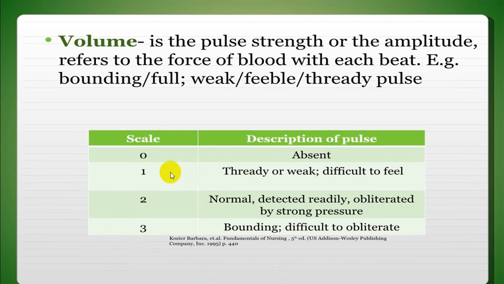If it is weak and difficult to feel, it is called thready or weak, or you can also use a simple phrase like difficult to feel. When it is normal, it is detected very easily and obliterated by a strong pressure, we call it normal. And when you require more pressure to obliterate, we call it a bounding pulse or a full volume pulse, or sometimes increased volume, and we put it on a scale of 3.